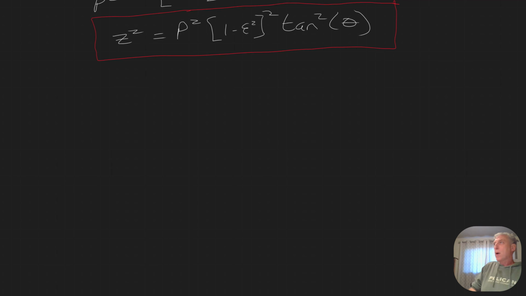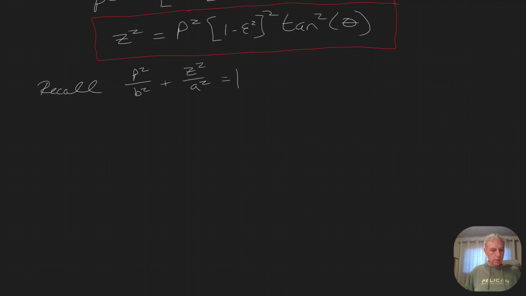And we're going to come up with another representation of z squared. This is going to come from the definition of our ellipse. So recall, for our ellipse, the definition is p squared over b squared plus z squared over a squared equals 1, right? Well, let's solve that for z squared.